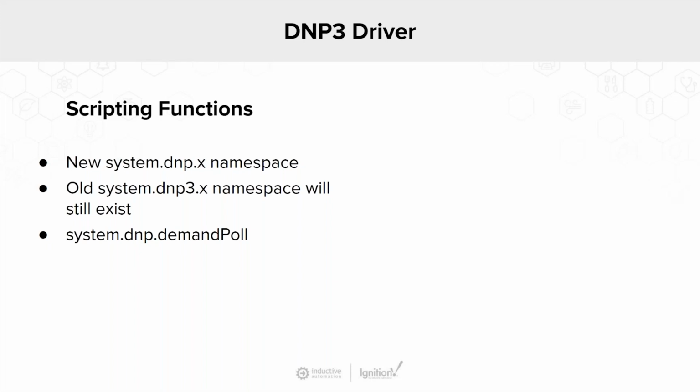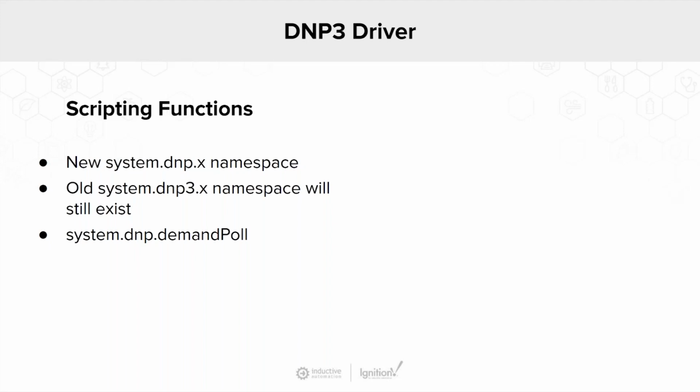But this really was to alleviate trying to figure out revisioning and number confusion with the 3 and DNP3, and do we do Rev2 or V2, etc. So all additional updates to this driver will fall under the system.dnp namespace. And as the next bullet mentions, the old driver scripts will still exist for those that are currently using them.